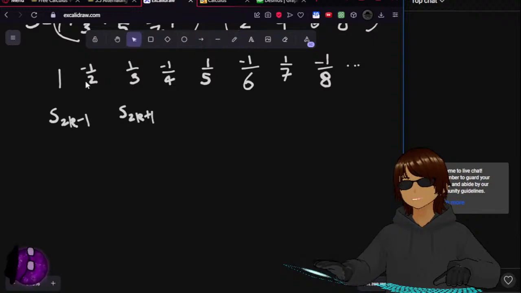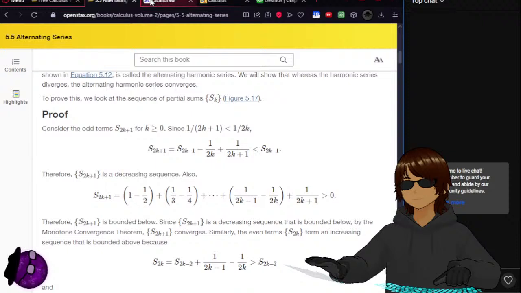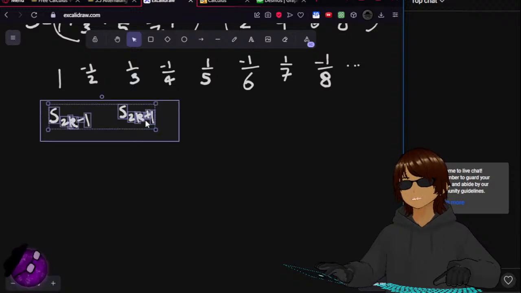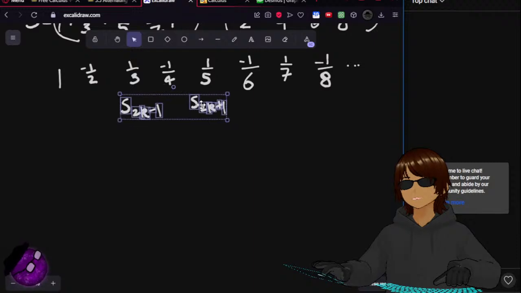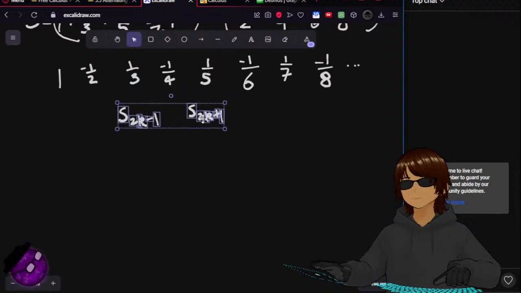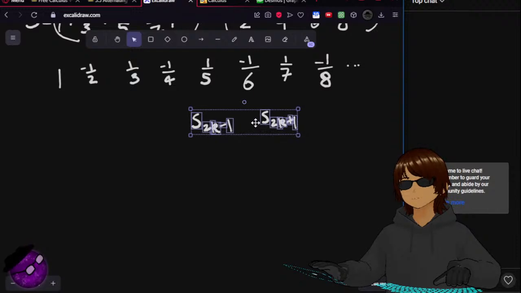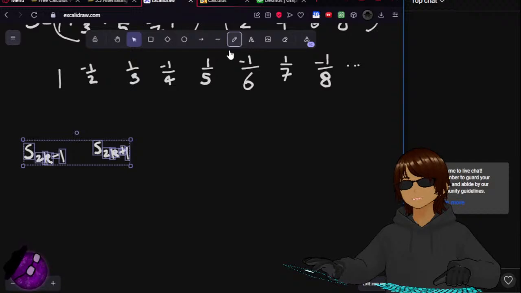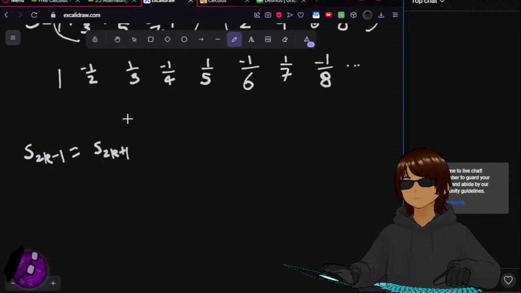So basically, take an even term, and consider the odd term before and odd term after it. So either 1 and 1 over 3 or 1 over 3 and 1 over 5 or 1 over 5, 1 over 7 and so on. The odd term is, sorry, wait.